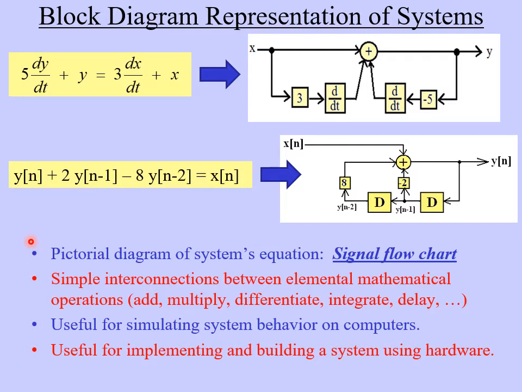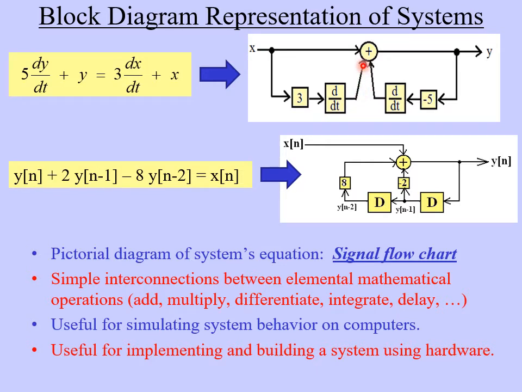A block diagram is basically a pictorial diagram of a system's equation. It's a signal flow chart, which is represented by the arrows in the block diagram. You can see X coming in over here, and it goes into an adder, and X also goes into a multiplier that multiplies by 3, and then it takes the derivative, d dt, a time derivative, and the output of that goes up into the adder and so forth.